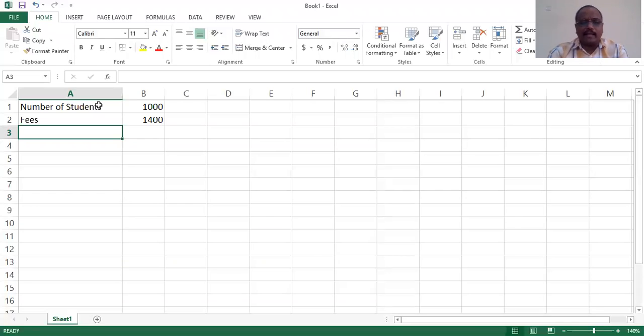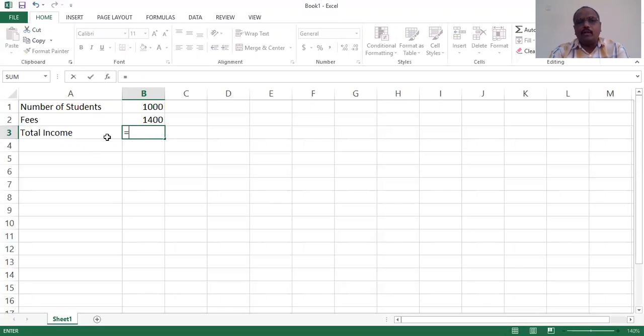Now I am going to make the calculation of total income. What is the meaning of total income? I am going to multiply the number of students by the fees per year.